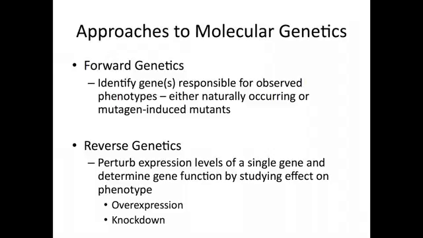This is a method that's used to identify genes that are responsible for observed phenotypes, such as taking a bunch of worms and inducing mutations, and then going back from that and seeing how a certain phenotype was arrived at. So if you mutate a bunch of worms and some of them can't move, you can then do forward genetics to determine what genes were mutated that caused these worms to not be able to move.